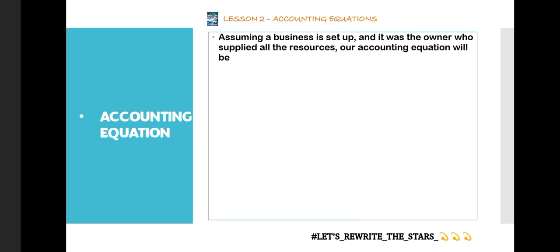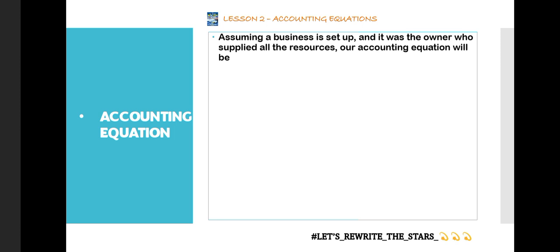In the earlier video, we were made to understand that all the resources supplied by the owner are called capital. So when the owner supplies the resources, it is referred to as capital.